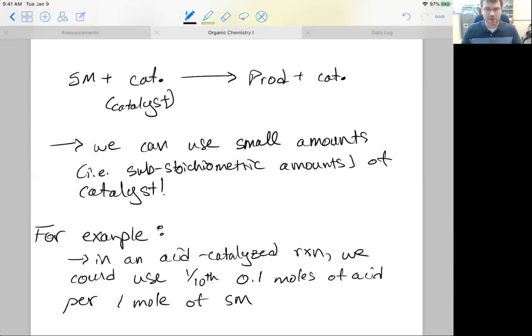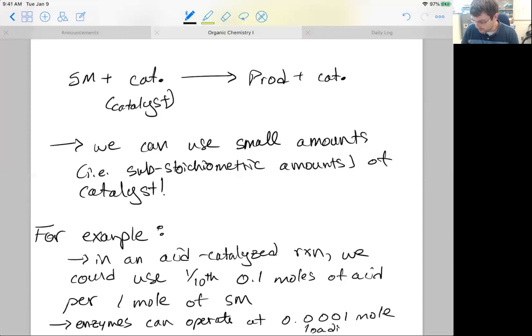If they have the same molecular weight and the same density, we could say that if we had a liter of starting material, a big liter bottle, we could add maybe 100 milliliters, and even in some cases, even less than that. For example, enzymes can operate at 0.0001 mole loading, that means at 0.01%.